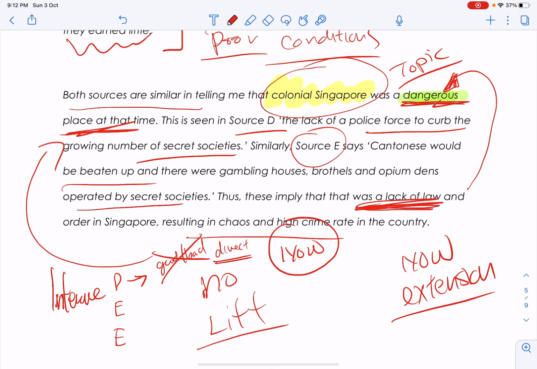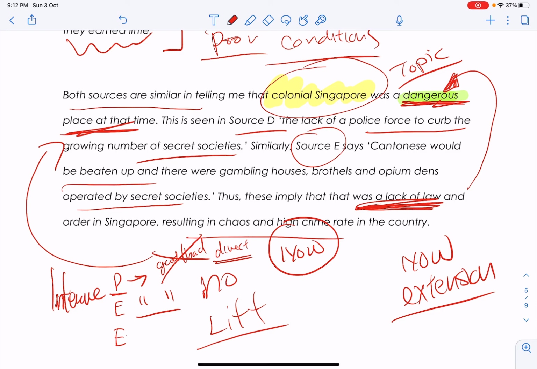Okay, I cannot emphasize this enough. It must be in your own words. If you copy any word from the source and put it as your point, it is wrong. Evidence is the place where you can quote, where you can just copy the evidence, because you're supposed to copy the evidence.